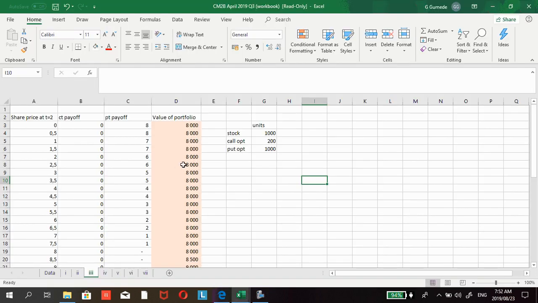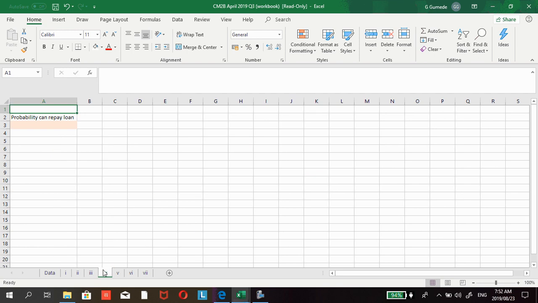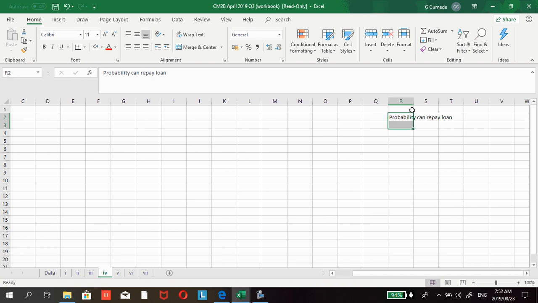Okay, now if I go to part IV, I see here the probability can repay the loan, space given. I'm going to move this space because before I get to this probability, I need to perform some calculations. So I'm going to move this to here.